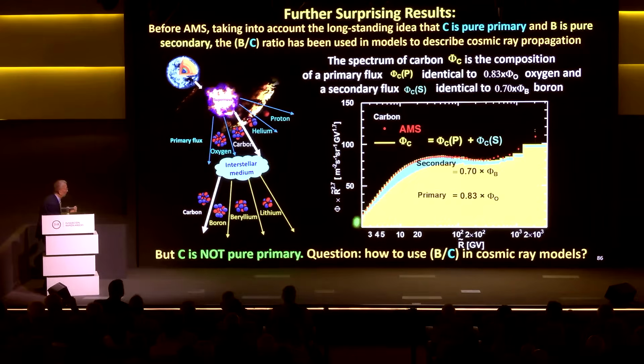But with the accurate data, we now found carbon actually has a primary part, like oxygen, namely 0.83 times oxygen, and another part, the secondary, 0.7 times boron, across the entire spectrum. That means carbon is not pure primary. The question is, now how do you use this theory? Because the fundamental assumption is not correct.